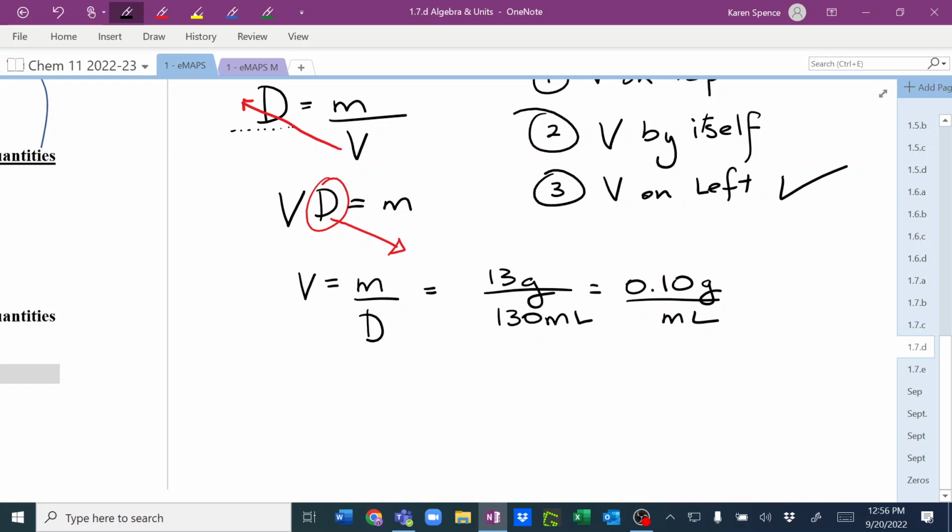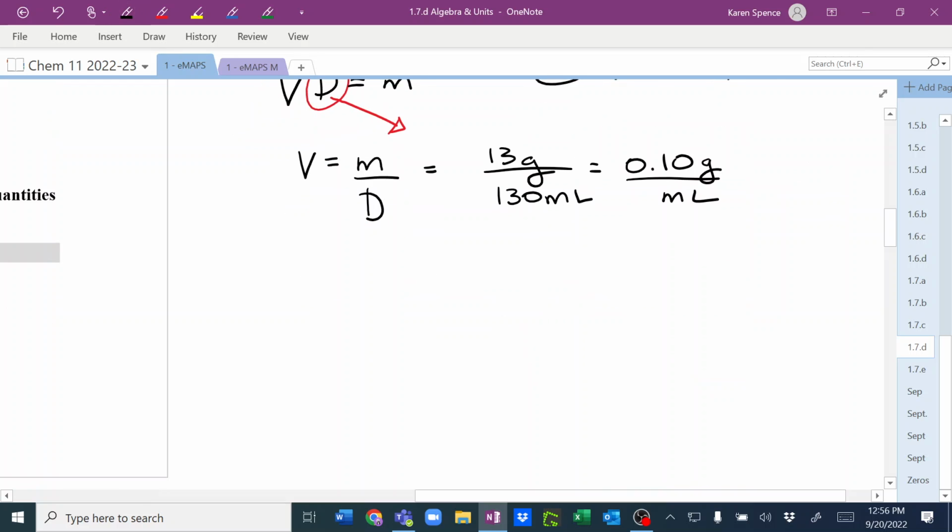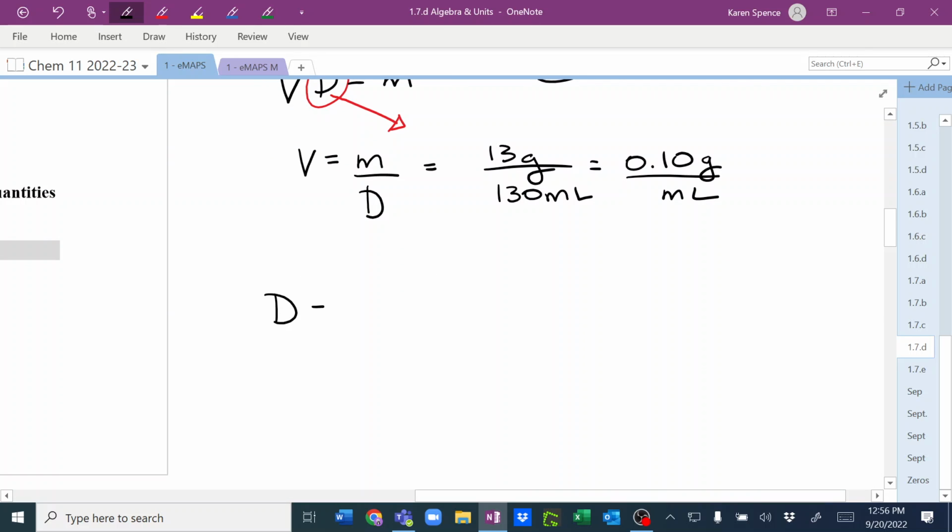What if we wanted to solve for M? D equals M over V, and that's going to be V times D, because we can take the V and move it up. So now we have V times D equals M. And the last thing we need to do is get the M on the left.